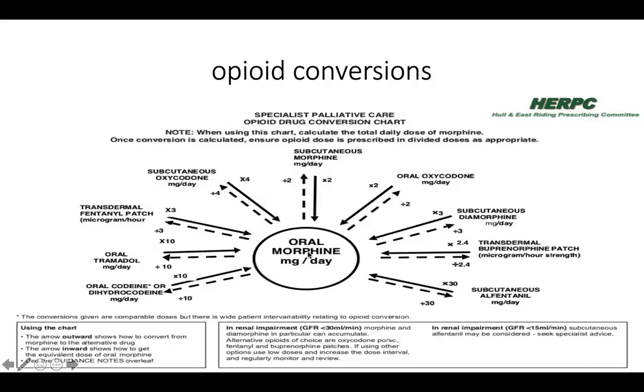So if someone is on 20 milligram morphine in 24 hours, oral, and the oral route becomes compromised, half the dose if you want to switch to subcutaneous morphine. So 20 divided by 2 is 10 milligram.